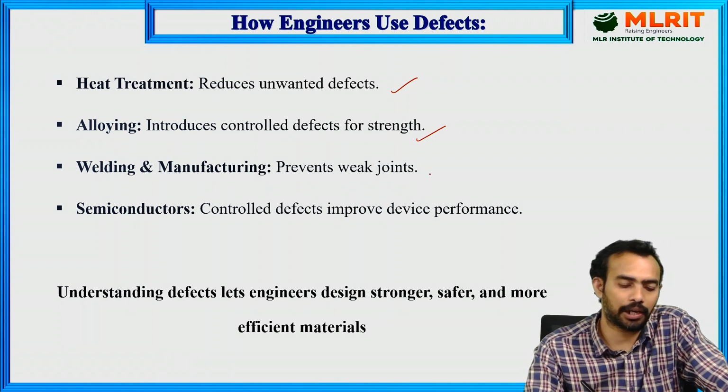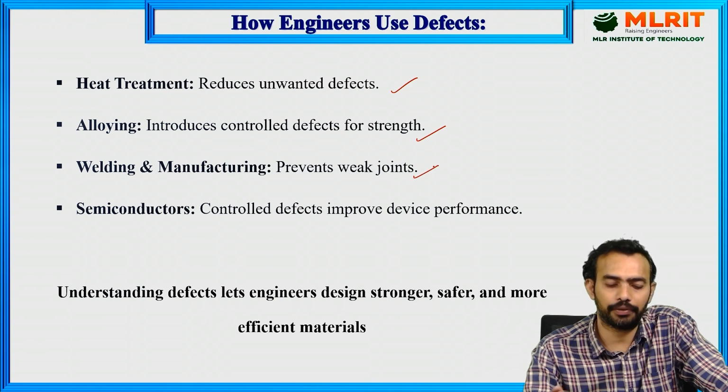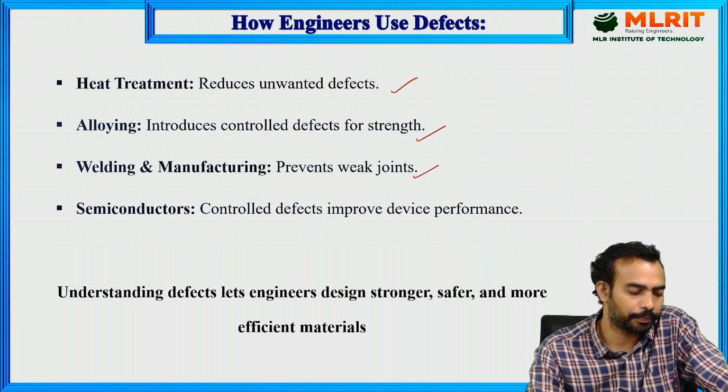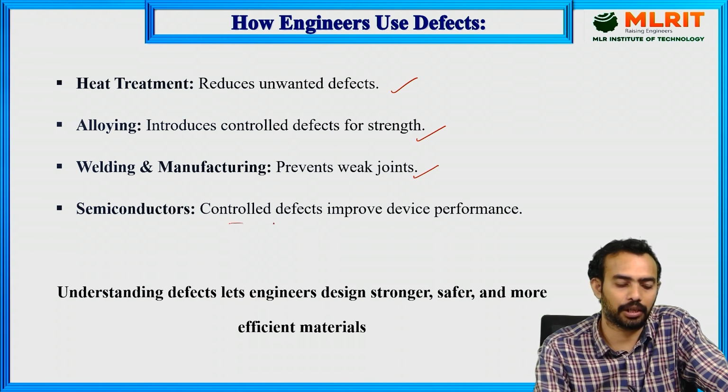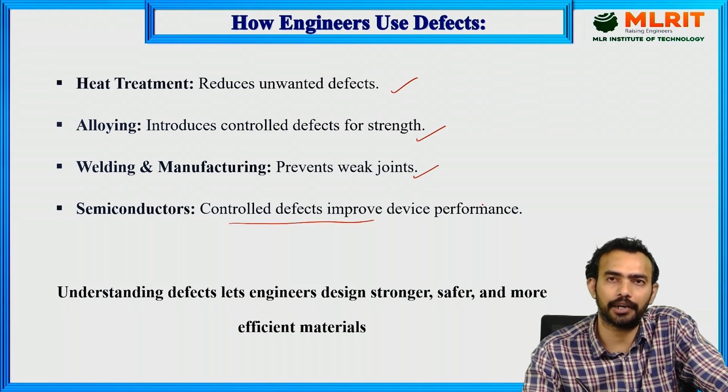Then welding and manufacturing, where in place of riveted joints, welding is being considered to prevent weak joints. In the semiconductor industry, again, controlled defects are added into the silicon, which improves the overall device performance.